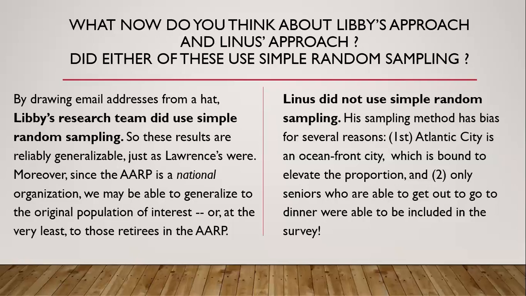And that is a very powerful technique. If we want to be able to do good statistical inference, to make generalizations about a larger population, using a simple random sampling approach like those used by Lawrence and Libby, in particular, the one that was used by Libby here, where she was taking information from retirees all across the country, is a good way to go to help to generate robust results that can be generalized.